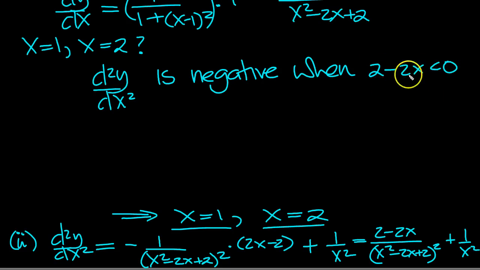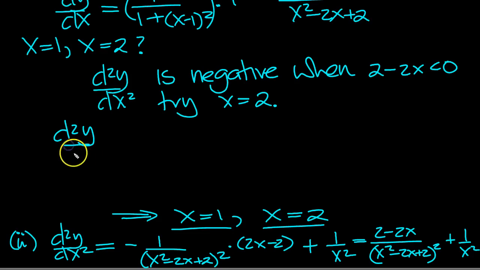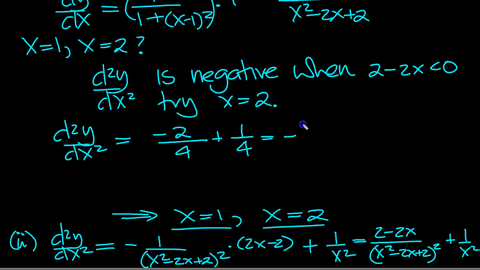So that would be when x, so try x equals 2. So let's try that then. d2y by dx squared then. Put 2 in. We get 2 minus 4 is minus 2 over 2 squared is 4 minus 4 is 0 plus 2, which is squared, so that's 4, plus 1 over 2 squared, which is 1 over 4. So that's equal to minus 1/4.